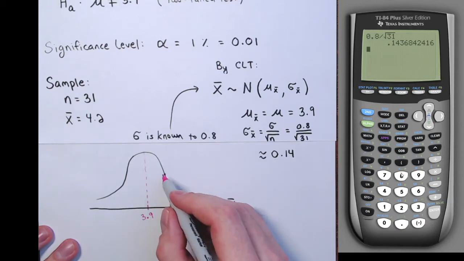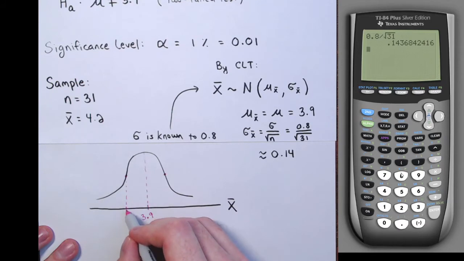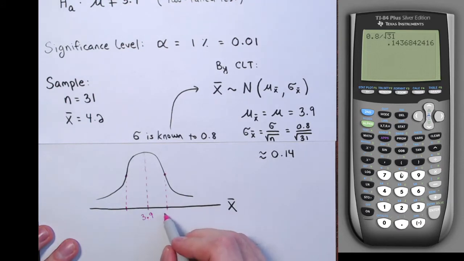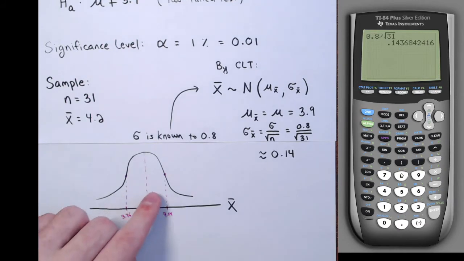And under these inflection points, remember, the inflection points should be one standard deviation above and below the mean. So this is approximately 4.04. And over here, this is approximately 3.76. And remember, within one standard deviation there's approximately 68% of the area under the curve, but that's neither here nor there. That's not helping us.